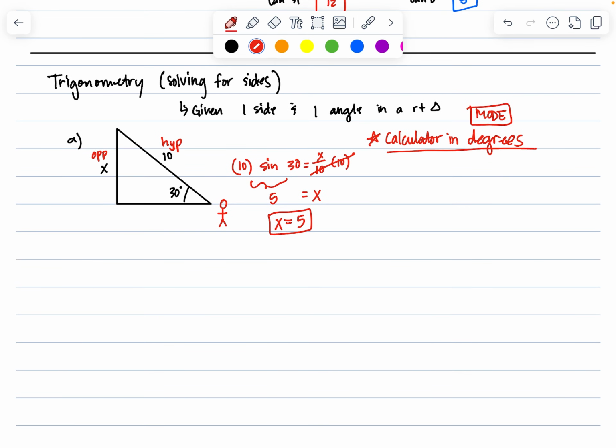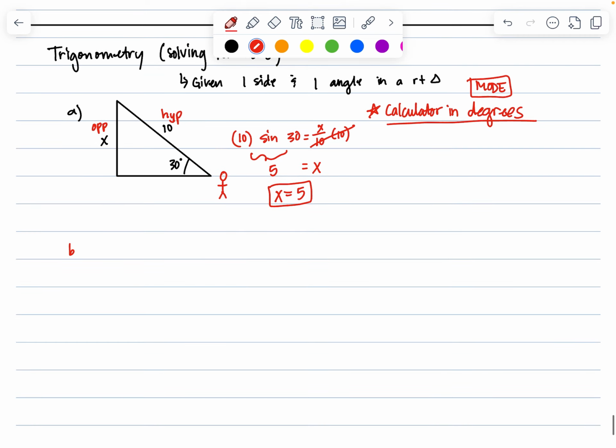All right, so let's try another one. Next example, B. Let's draw another triangle.